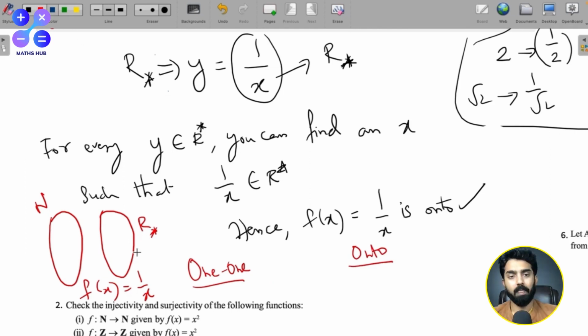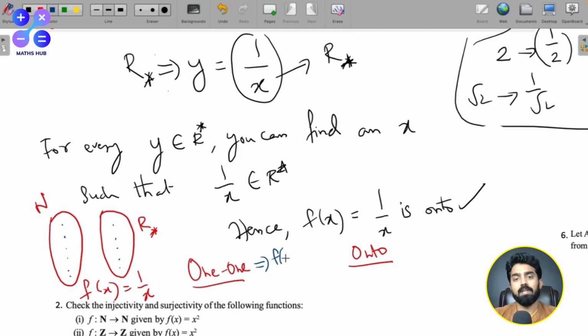As we discussed earlier, every element in N needs to be mapped to at least one element in R, which will of course be true. If it is f of x equals 1 by x, for every x1, you can always find a 1 by x1 in R star. So that will be true.